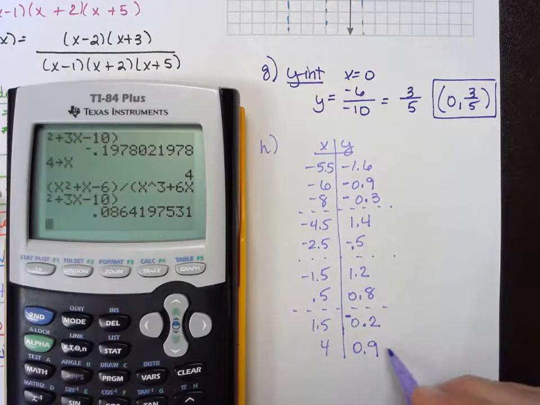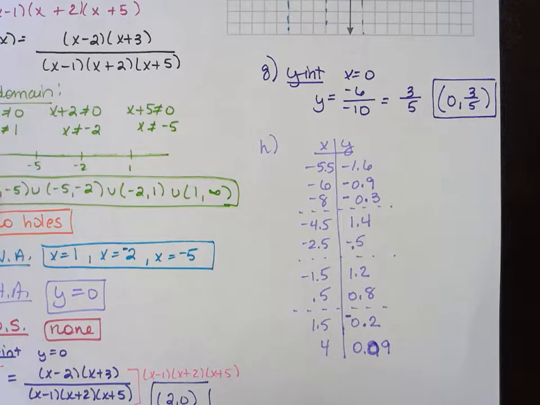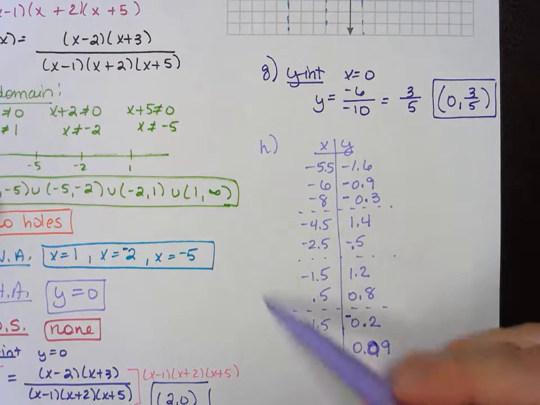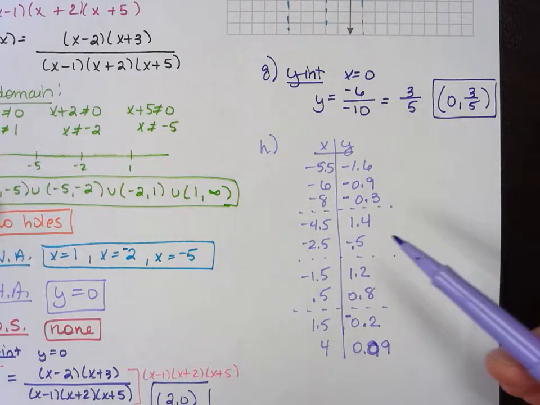Oh, that's 0.9. 0.09. Okay, so what I'm going to do next is plot all of these on my coordinate plane.